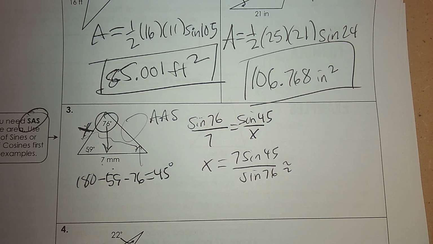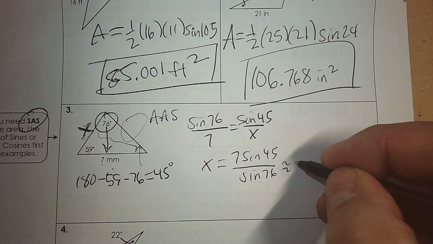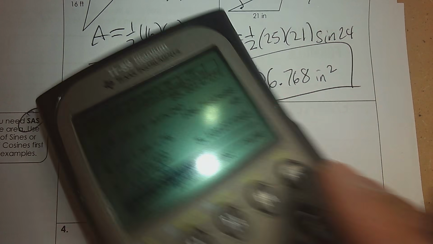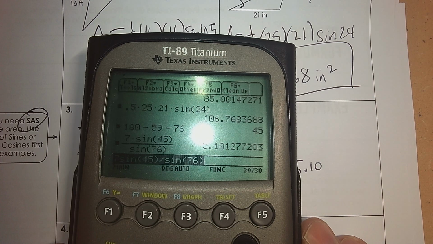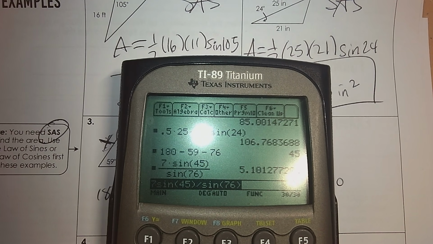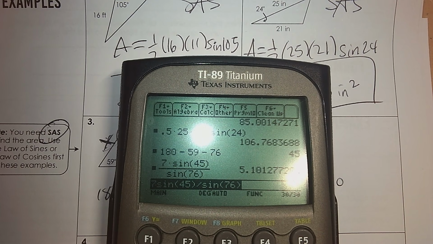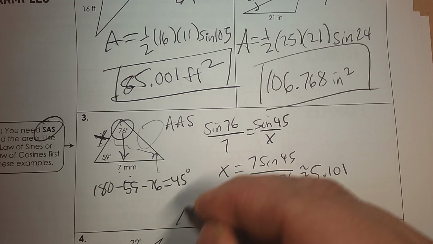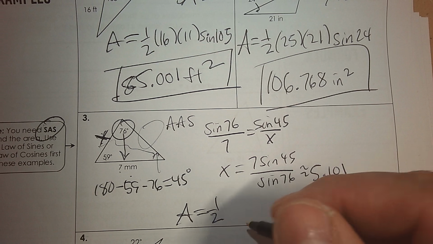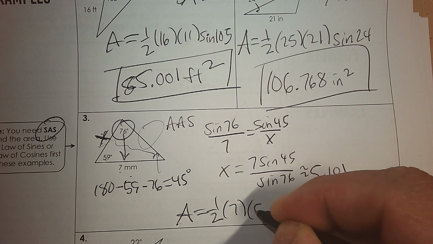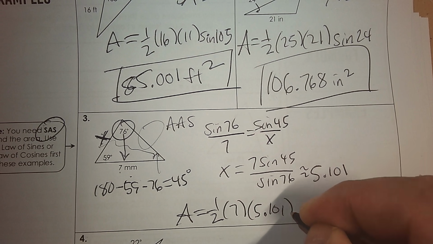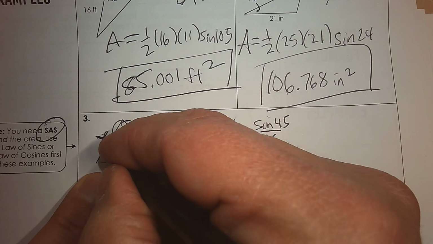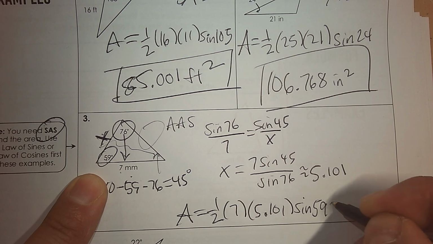And I get 5.101. Now I can find area. Area is 1/2 times 7 times 5.101 times the sine of the angle in between them. And there you go.